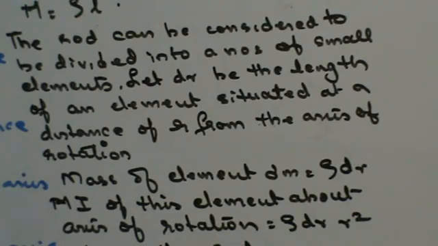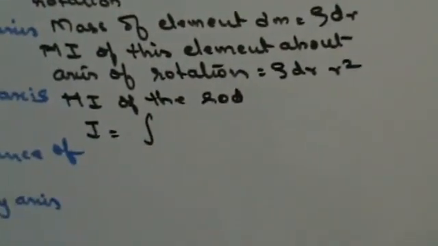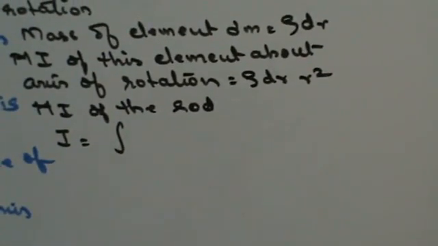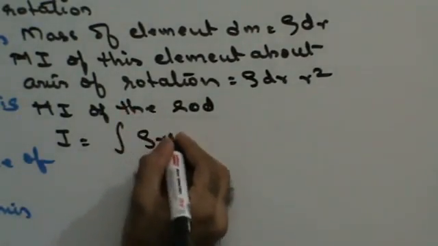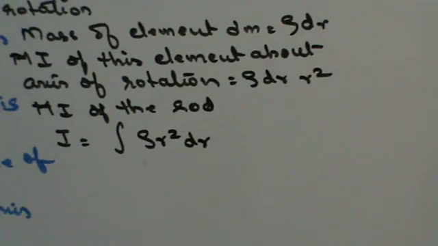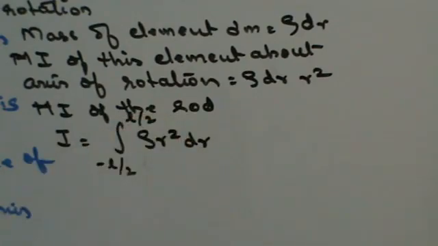Moment of inertia of the rod will be given by I, which will be nothing but integral of the moment of inertia of the small element. So that will be nothing but rho r square dr. Now the rod is on both the sides, so I'll have to take the limit from minus L by 2 to L by 2. The axis of rotation is passing through the center. That means if the total length is L, each side on either side of the axis of rotation will be L by 2, right?